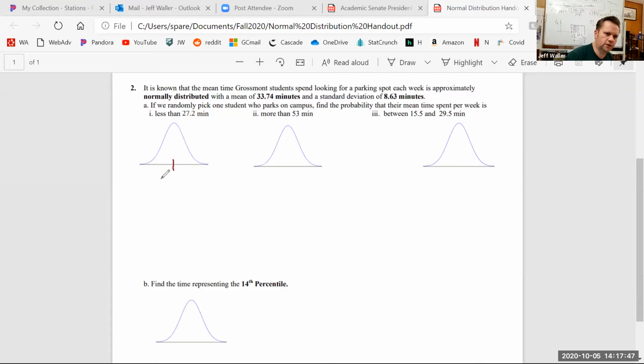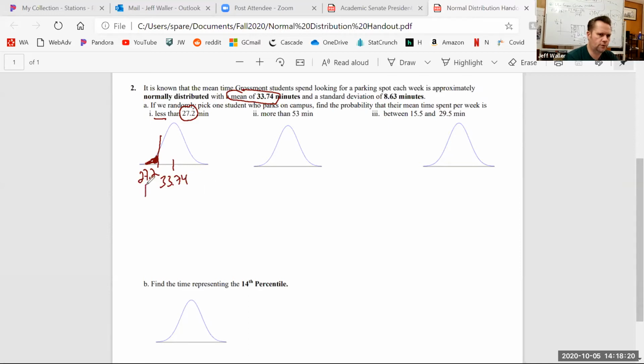Don't tell me 0, because this isn't z-scores. 33.74 is the mean of the time. Then where's 27.2? That's the data point I'm curious about. To the left. Yes. They have to be in order. And then it says less than, which is great, because I'm not going to have to do 1 minus or anything.